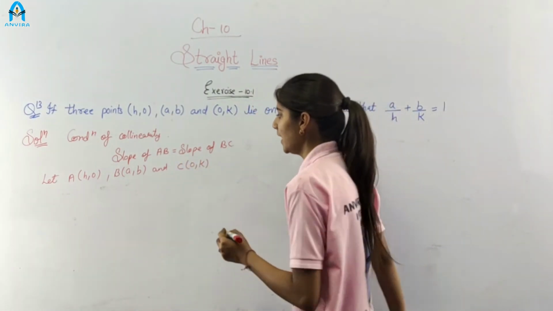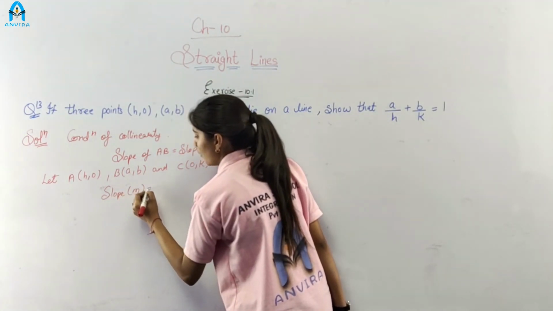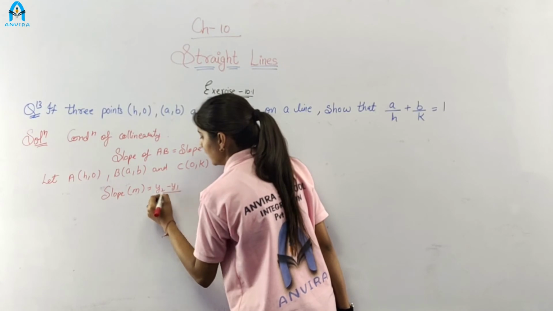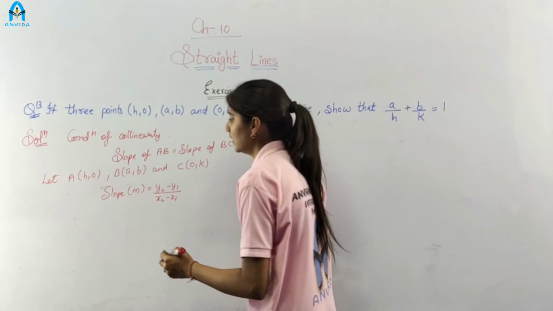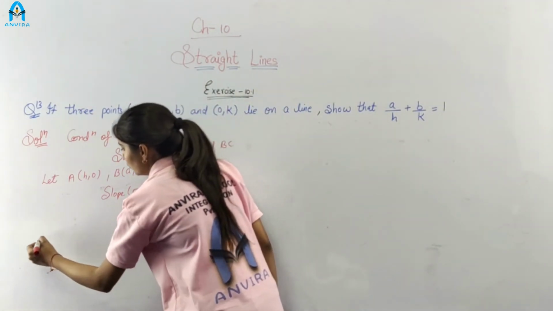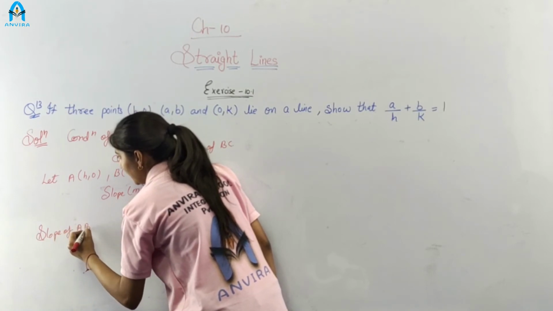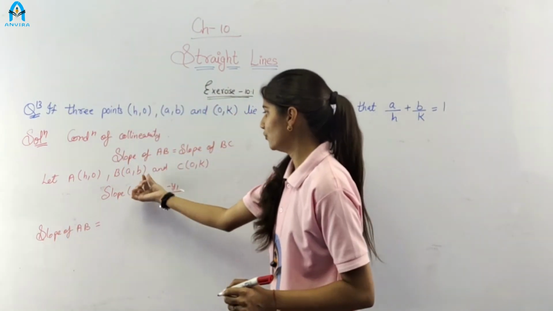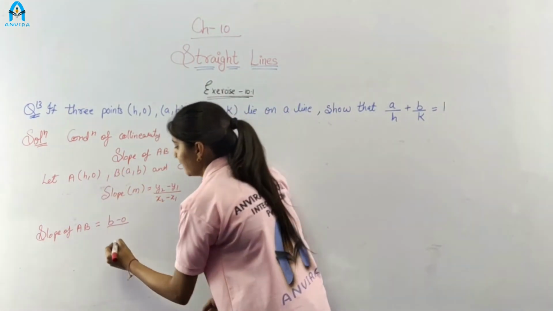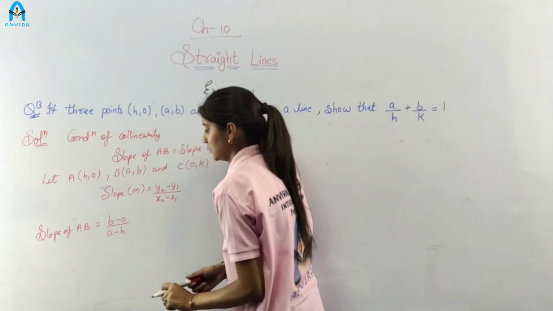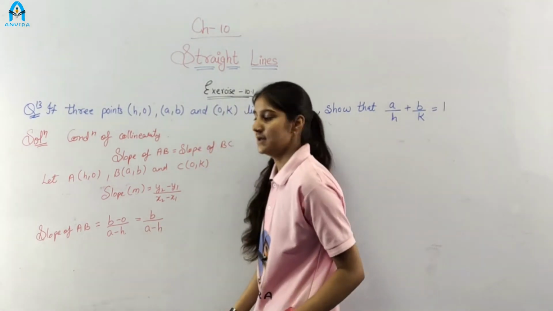So slope is given by y2 minus y1 upon x2 minus x1. So applying here, slope of AB is equal to y2 minus y1, that is b minus 0 upon a minus h, that is equal to b upon a minus h.